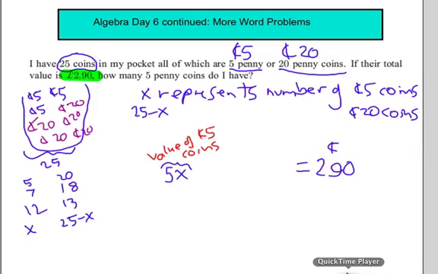Now, what is your total value of the 20-cent coins? Well, you know how many of them you have? You have 25 minus X of them, and every time you have one of those, your value grows by 20 cents. So it's 20 times however many you have, okay? Now, adding those values together gives you 290, okay?